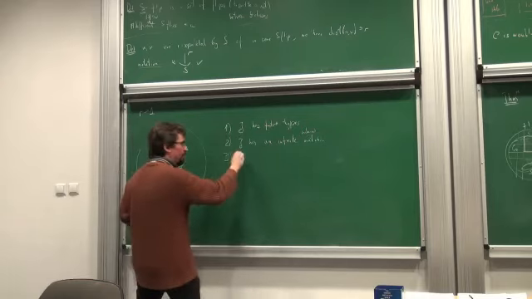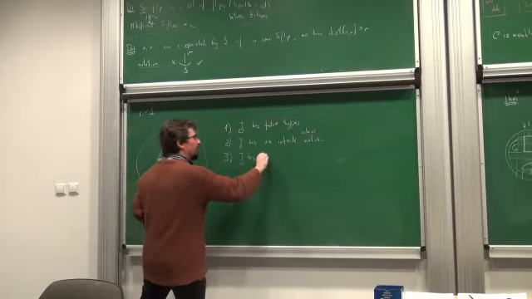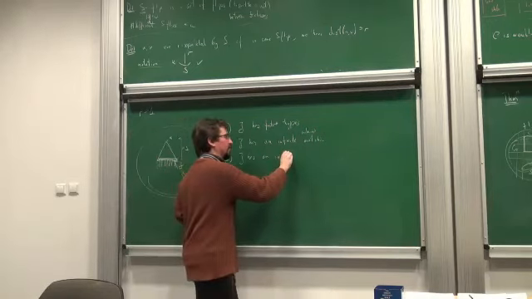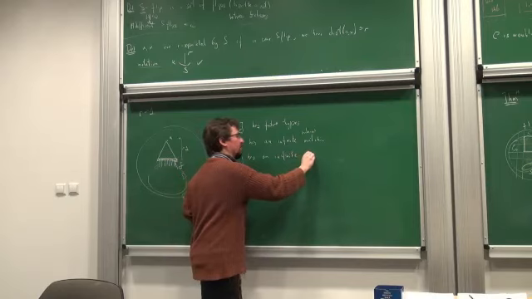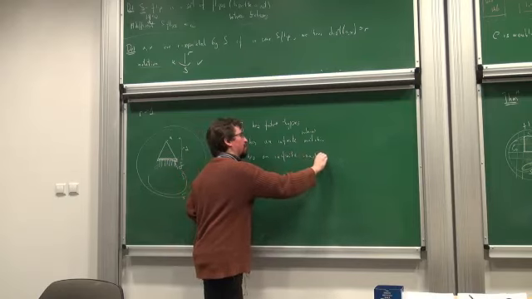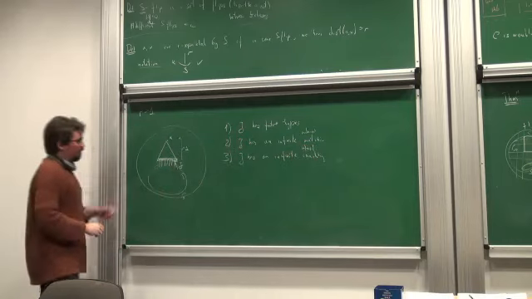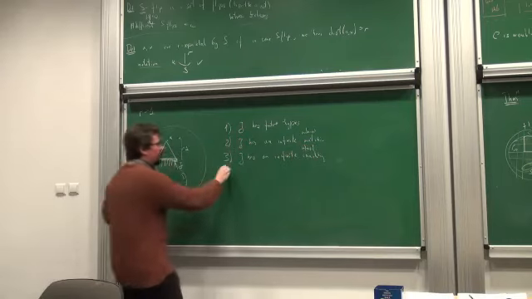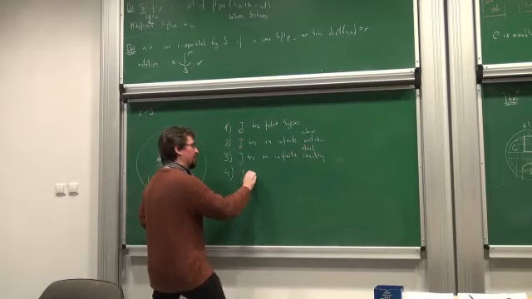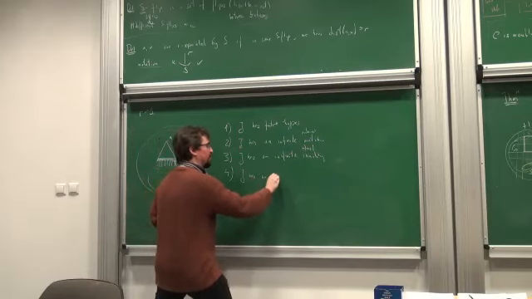Third case is symmetric. J has an infinite co-matching. Yeah, so a complement of this. And the fourth possibility is that J has an infinite half-graph.